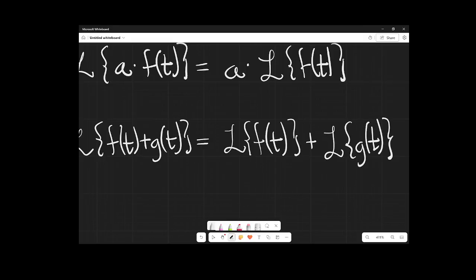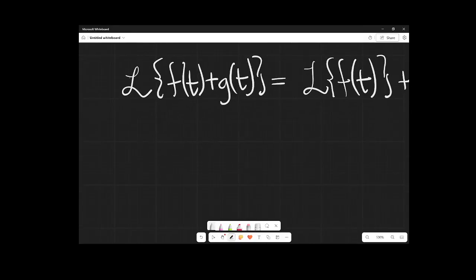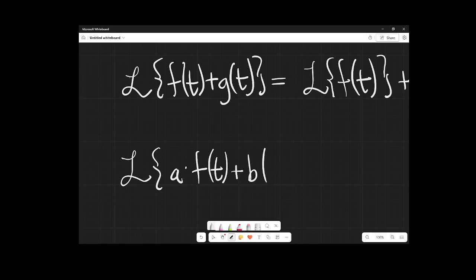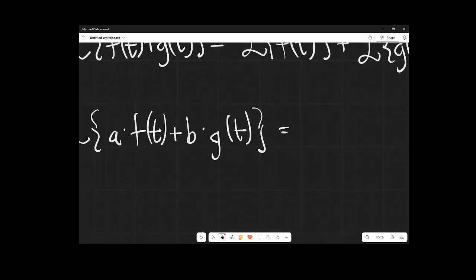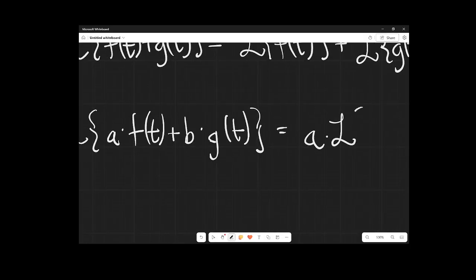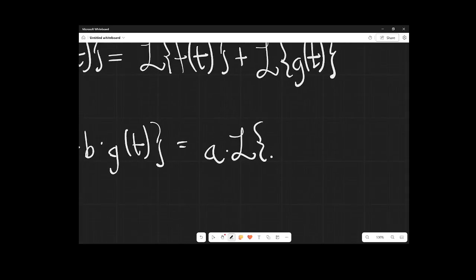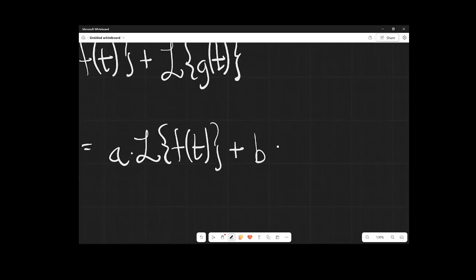This is linearity. And so then it follows that, if you had something like this, you have this linear combination where you can factor out the constants and make two terms instead of just one.